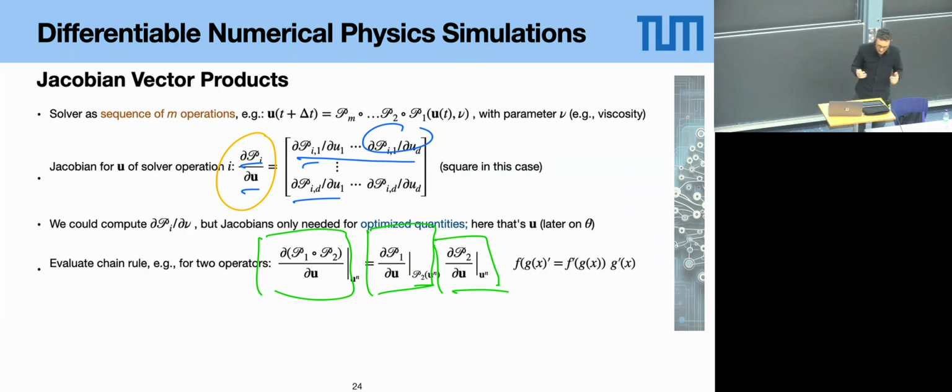So it's relatively clear how the matrices need to be shaped, but in our case it's especially simple because the size of u, this d, propagates through all of them. If we multiply these two Jacobians together, then we have the joint derivative of the sequence of operations, in this case P2 and P1. And you can imagine now what happens if we have a longer chain like the one here at the top.